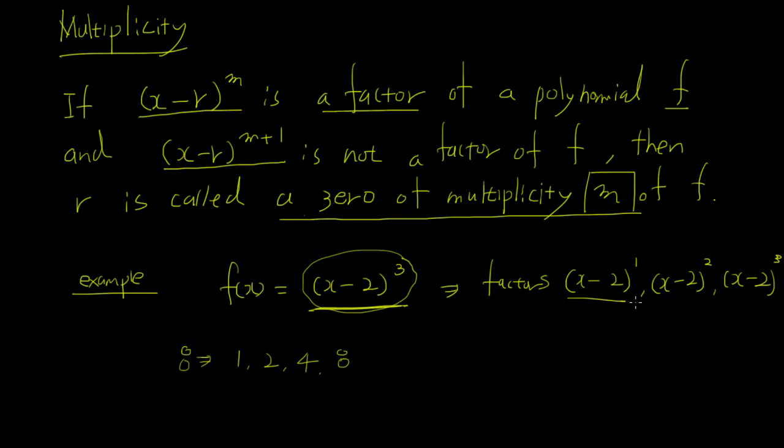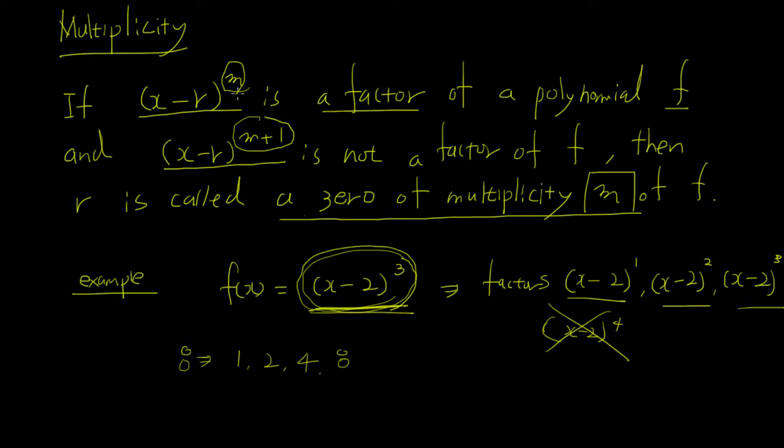If one of these is a factor, m plus 1, which in our case would be what? x minus 2 to the 4. Is this a factor of this? No, this is not a factor. So when we have a situation like this, that m must be the same as the highest power of that particular part.